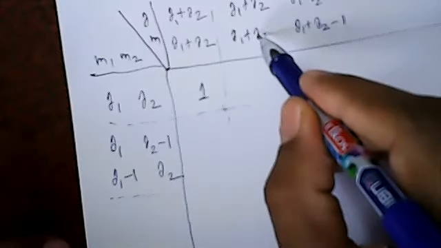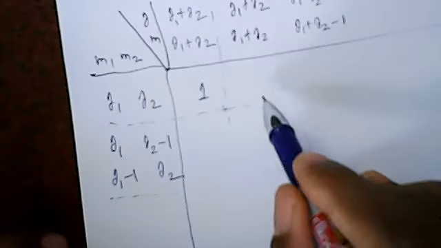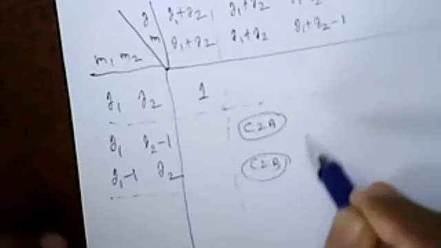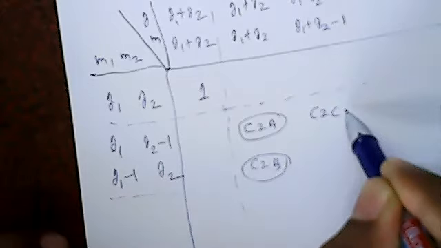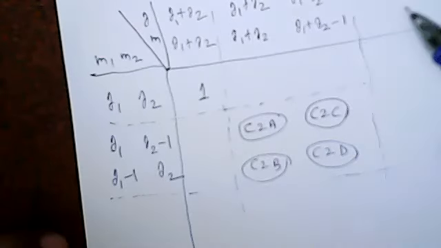So according to these cases, we have obtained a 2 by 2 submatrix, which is a block.